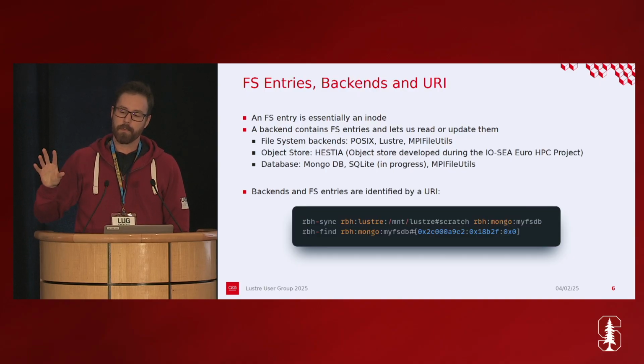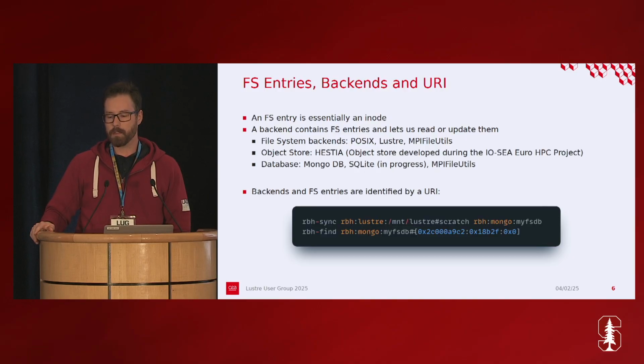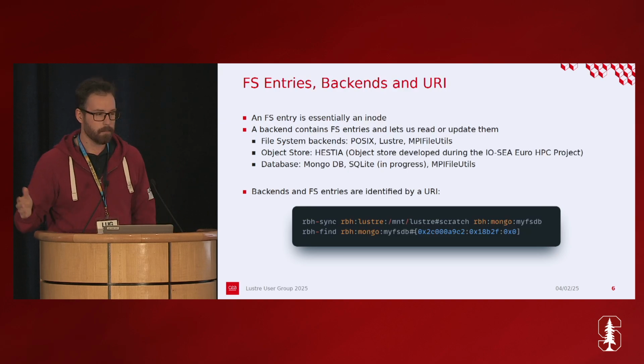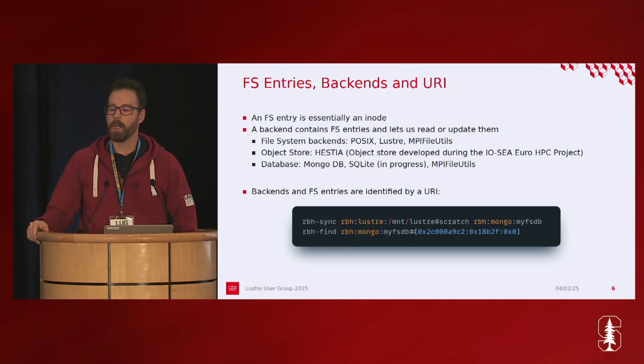And then those FS entries are stored in what we call backends, and we have different kinds of backend. We have the sort of read-only backend from which you would pull the FS entries. So we have the file system backend, so we support essentially any POSIX-compatible file system.